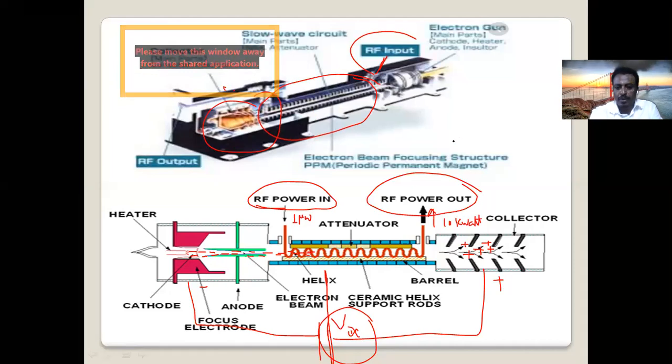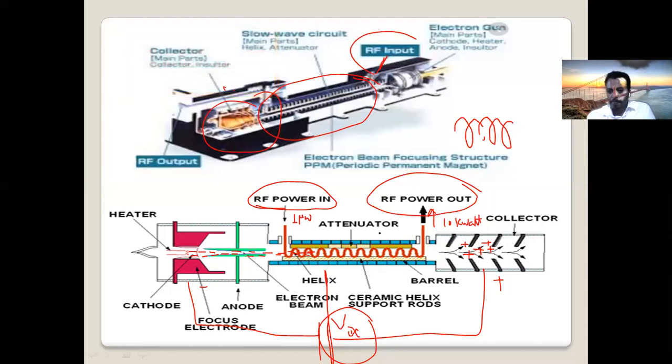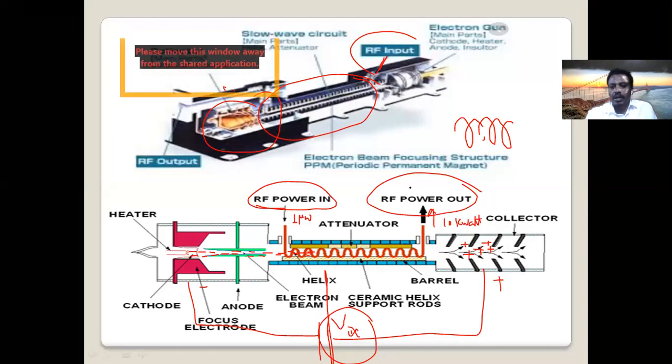So when electrons pass through the helix structure, energy transfer takes place from the electrons, which is DC energy, into what? Into RF. Energy exchange takes place when electrons accelerate through this, there is a high kinetic energy.